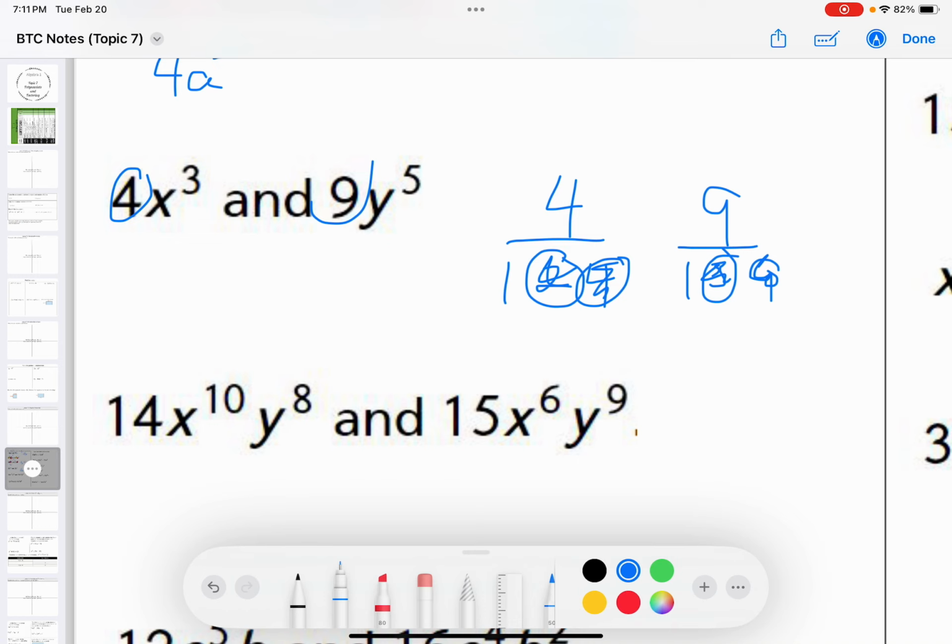So no common factor from the numbers. Now let's look at the variables. I've got an x, but no x over here. I've got a y, but no y over there. So there's variables, but I don't have the same variable present in both terms. So this one does not have a greatest common factor.